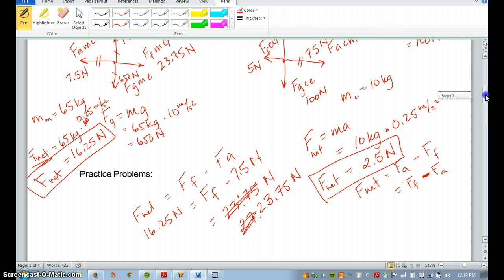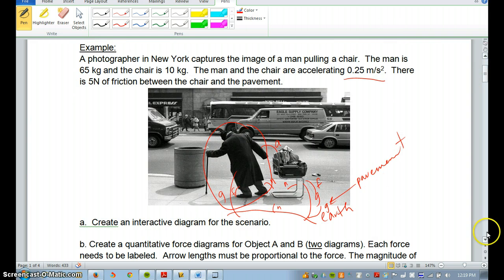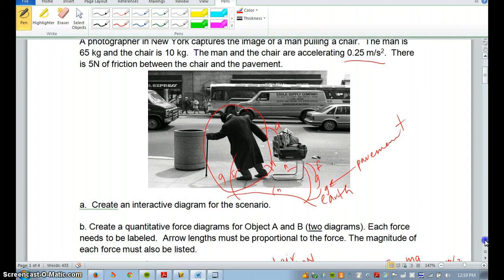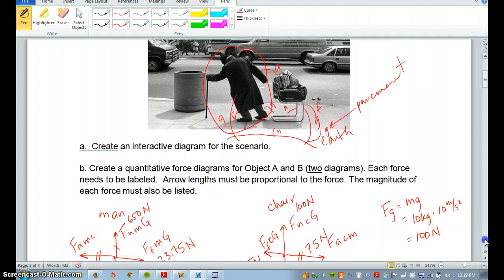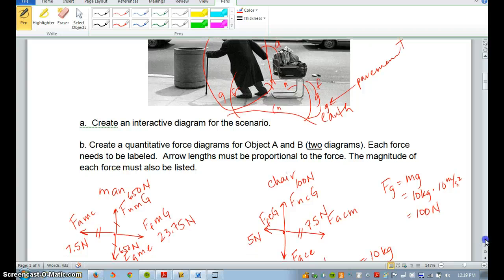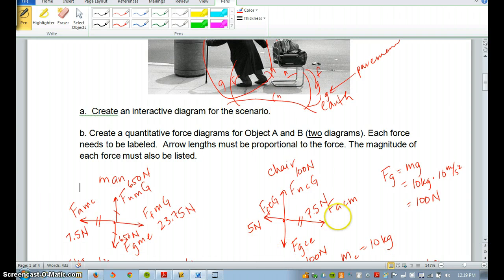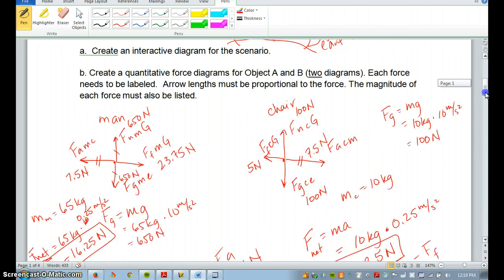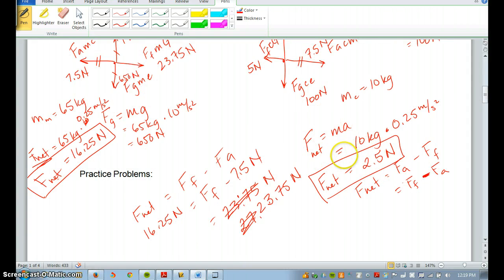So a couple things that are new. First of all, to highlight, gravitational force and normal force are pretty straightforward. Remember, choose the object that you have the most information from. This one we had a gravitational force, a normal force, and a frictional force. So that made it easier to find what the applied force was. In order to find the applied force, remember, you need to calculate what the net force is and find the difference between the two.